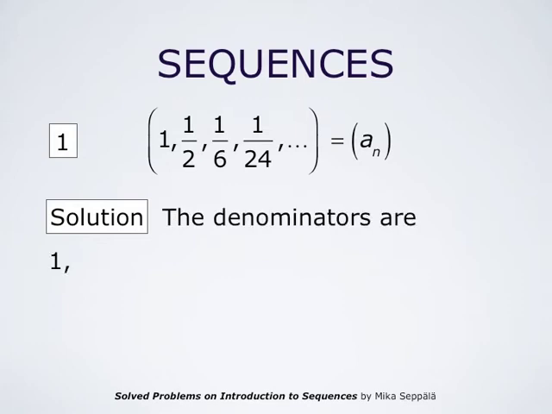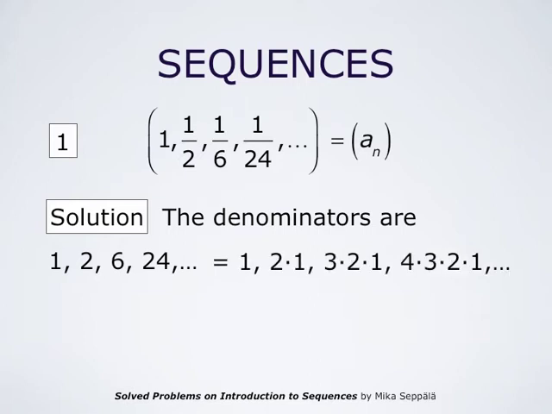So we look at the denominators, 1, 2, 6, and 24. 1 is, of course, just 1 times 1. 2 is 2 times 1. This seems completely silly and obvious. But 6 is 3 times 2 times 1. And 24 is 4 times 6. That is 4 times 3 times 2 times 1.